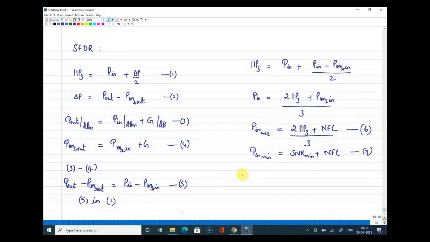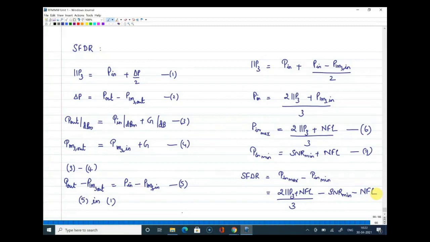Now what is SFDR? SFDR is basically the difference between these two, P in max minus P in minimum. So that can be written as 2 IIP3 plus NFL divided by 3 minus SNR minimum minus NFL. Right.